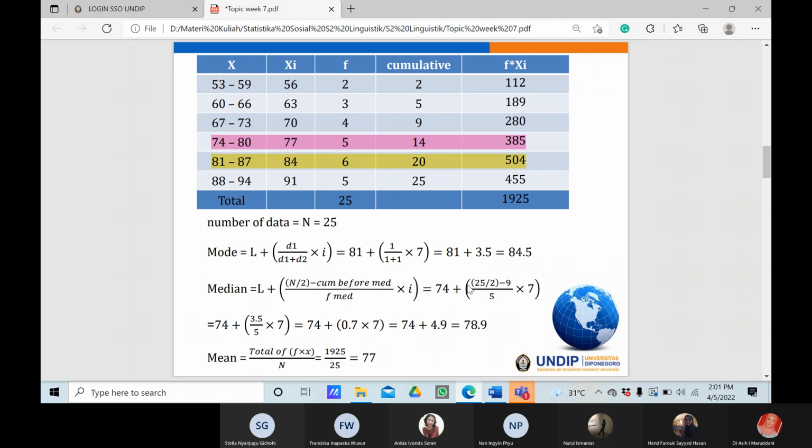You have to try to practice the calculation, and someone will present the result.